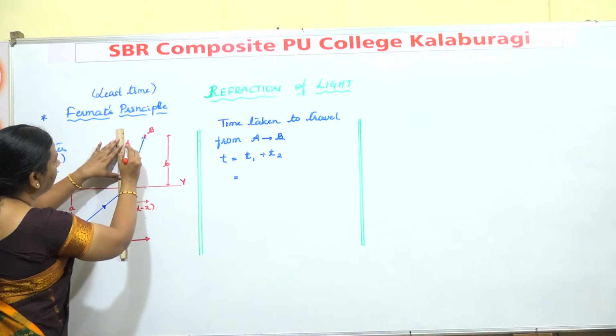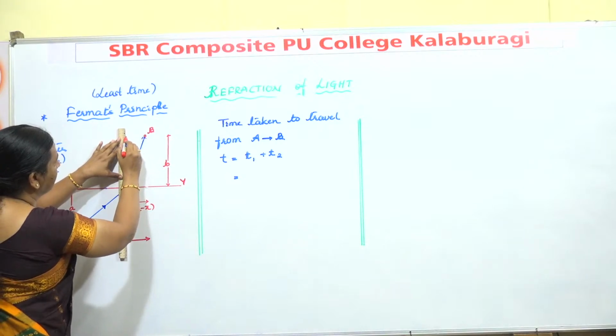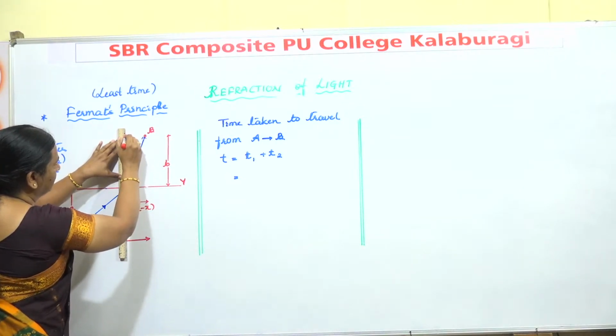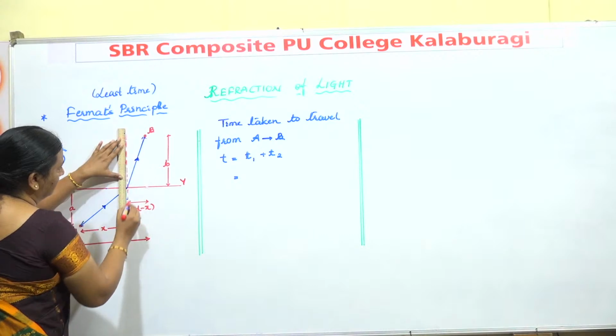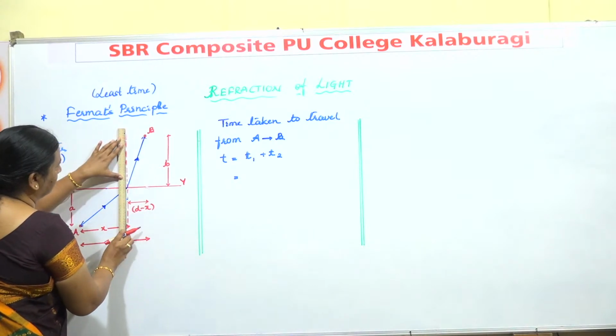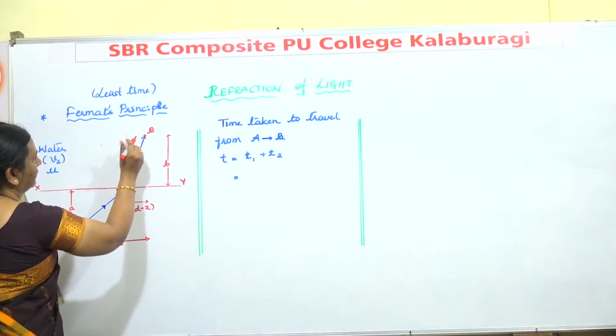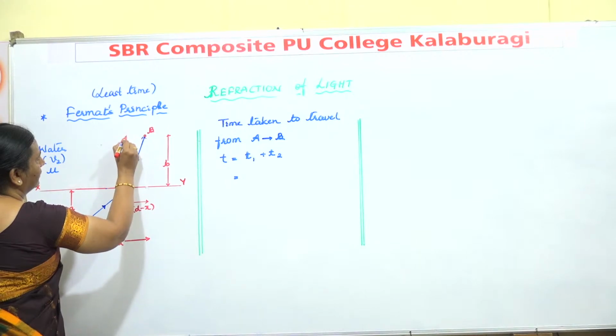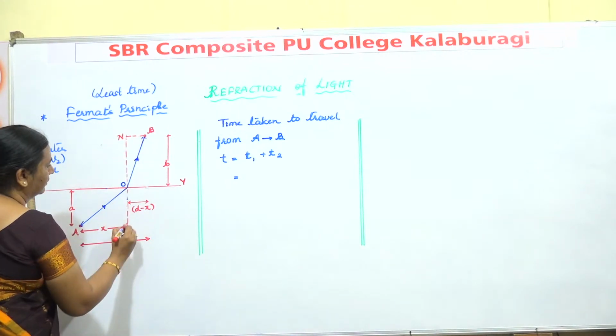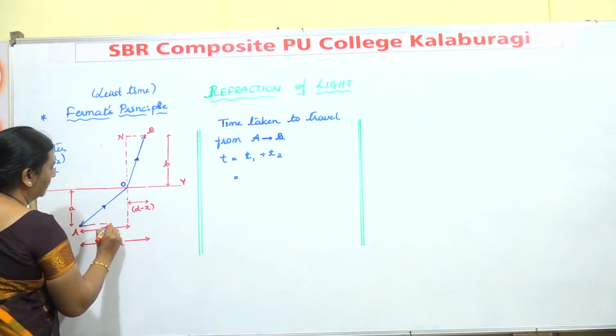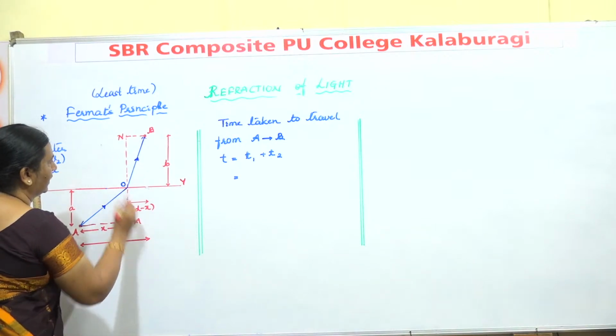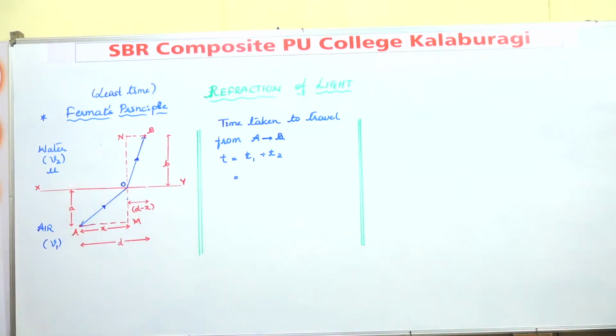Okay, if I take a normal at this point of incidence, let NM be the normal at that point of incidence, children.